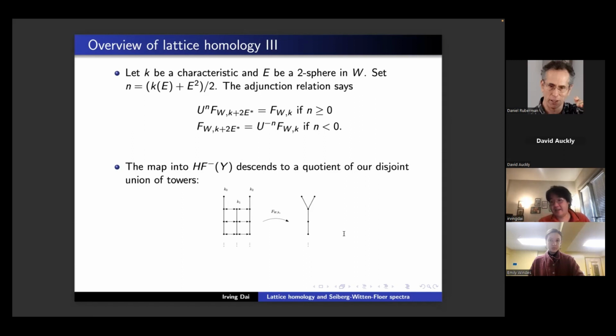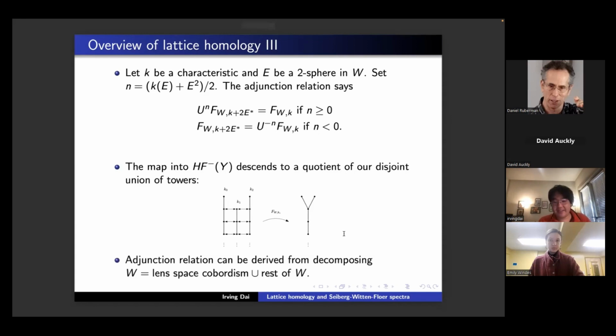Then I get a map out of a domain, obtained by taking an infinite number of F adjoin U towers and quotienting by the adjunction relations, into HF minus of Y. So I get a map between F adjoin U modules. It turns out that the magic is that in certain cases, this map is an isomorphism.